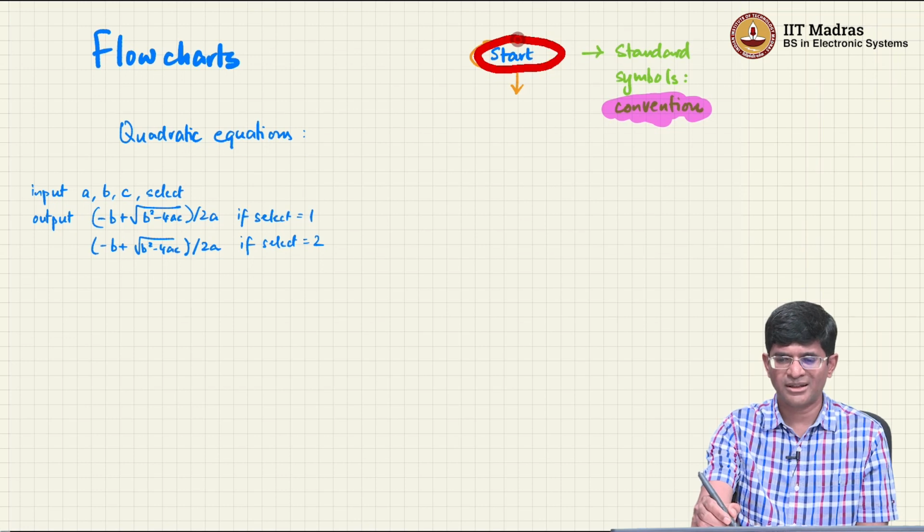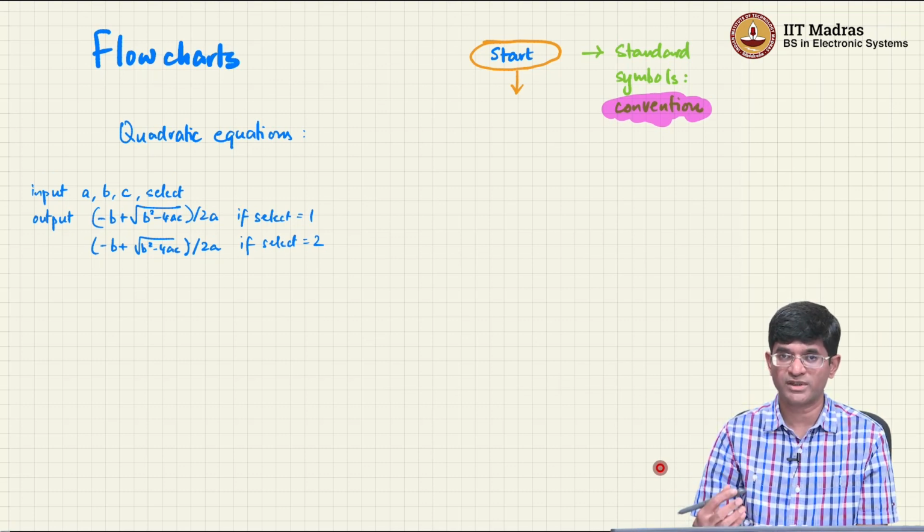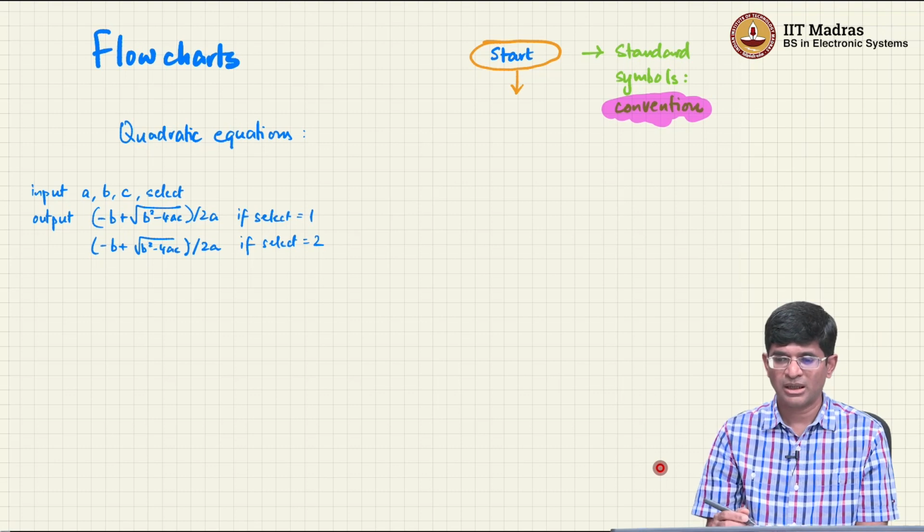Unfortunately, in my opinion, a lot of the documentation around flowcharts lays a lot of stress on what kind of symbol you use for what kind of operation. So, it has to be an oval for the start, or a circle, or a rectangle or a square or a trapezium or a parallelogram.